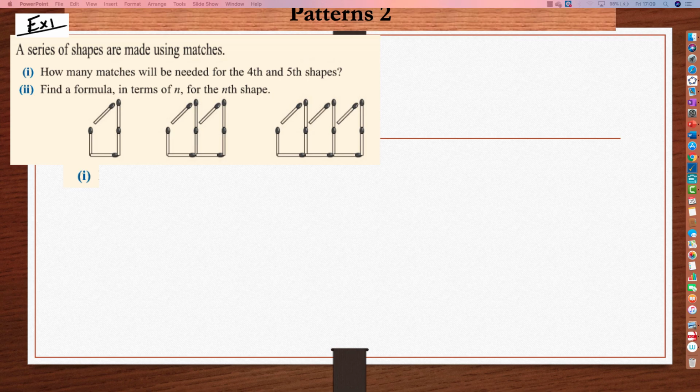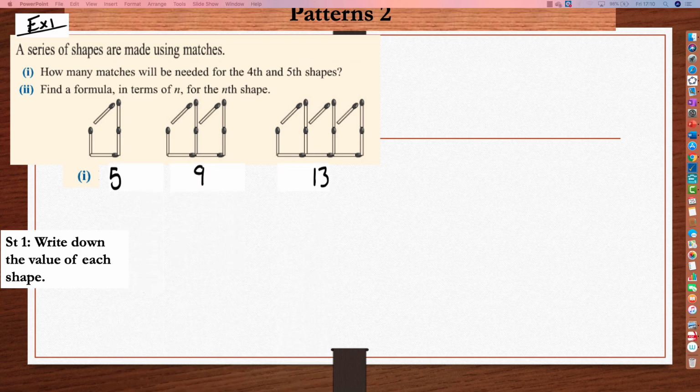How many needed for the next one? 1, 2, 3, 4, 5, 6, 7, 8, 9. Alright. How many are needed for the last one, guys? Let's count it. 1, 2, 3, 4, 5, 6, 7, 8, 9, 10, 11, 12, 13. Exactly. So, we know 5, 9, 13. How many are we going to need for the fourth and fifth?